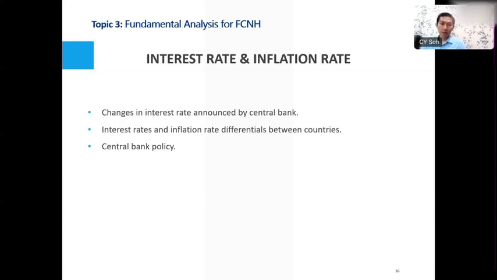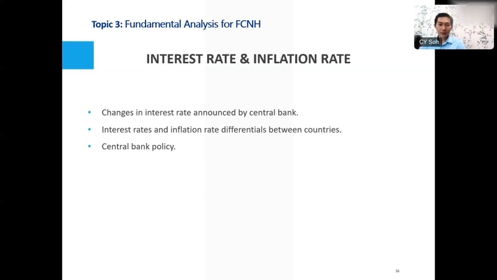It's very important to note that changes in interest rate are generally affected by inflation rate and even economic growth, because when inflation rate increases, interest rate would increase as well.